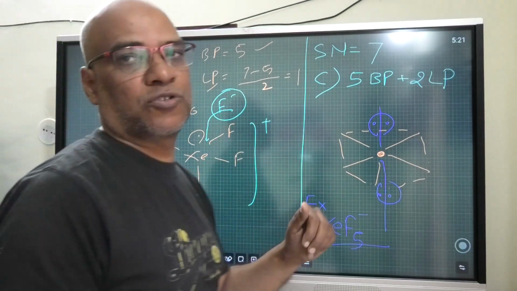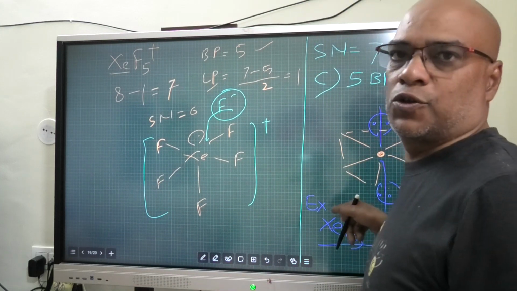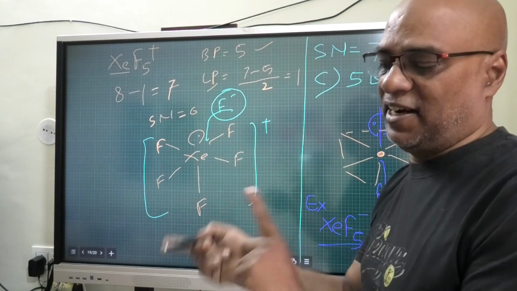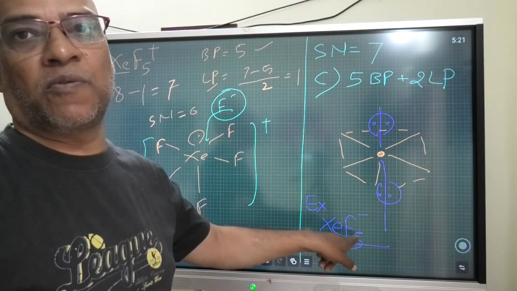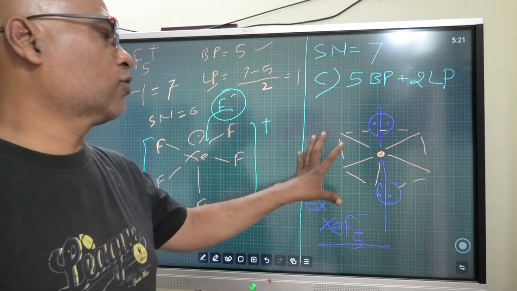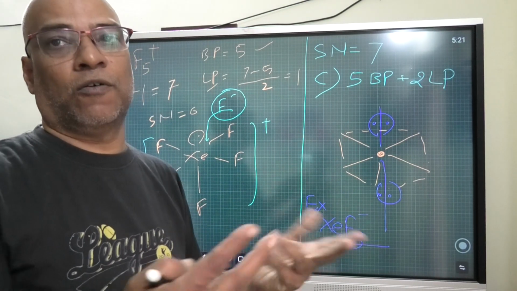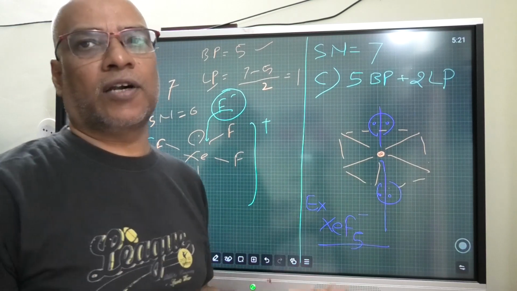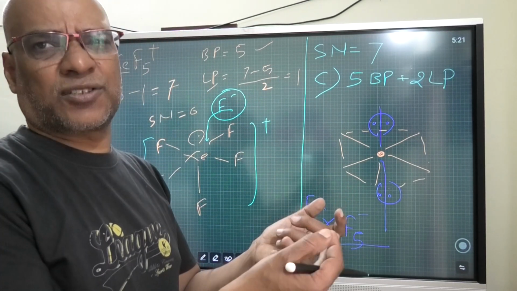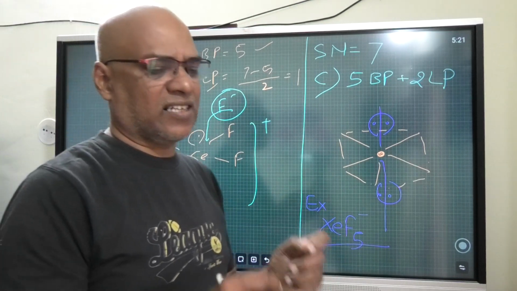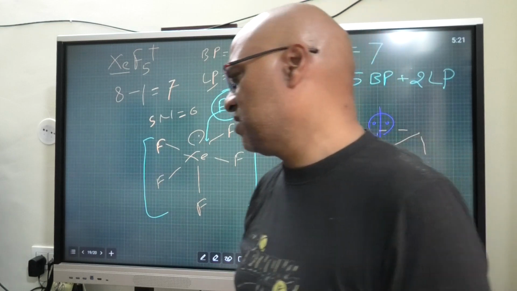Xenon outermost is 8, and due to the minus charge there will be one more, so 8 plus 1, 9. Out of 9, 5 will be consumed by fluorine. Remaining 4 will make how many lone pairs? 2, obviously. 4 electrons will make 2 lone pairs. So you can count on the fingers. Whenever we decide the steric number, it can be done on the fingers itself. Understood? So, a very simple case.